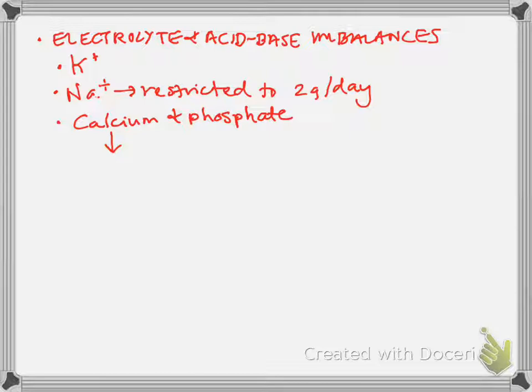Phosphate is also found in the bone. 85% of your phosphate is in your bone, and you have smaller amounts inside and outside of your cell. In your serum, we talk about ionized phosphate, and that's that PO4 negative that we talk about. Phosphate functions to help with acid-base buffering.